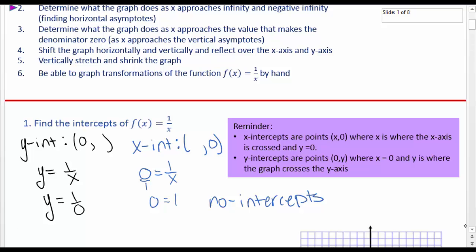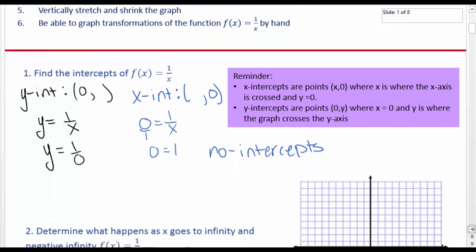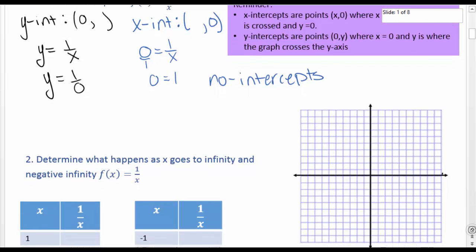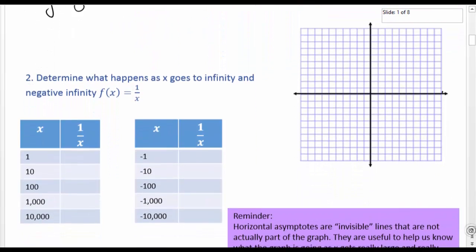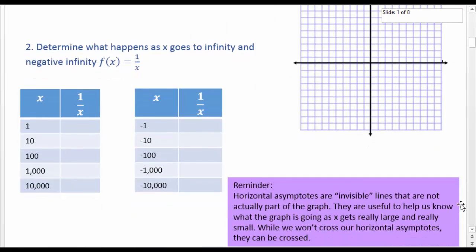Well, now let's try to find out what happens as x gets to become really large or really small. So as x goes to infinity and negative infinity. Well, we'll start by plugging in the x value into 1 over x. So this is the same as x and y. So now we plug in 1. We're going to have 1 over 1, which is just 1. Now we plug in 10. We'll have 1 over 10, or 1/10.